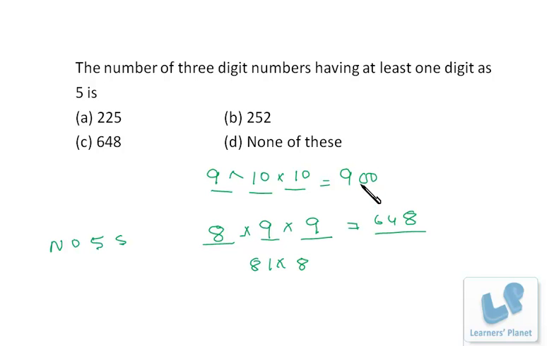So 900 minus 648, that is 252. So 252 numbers are there in which at least one 5 will be there. I hope you are clear.